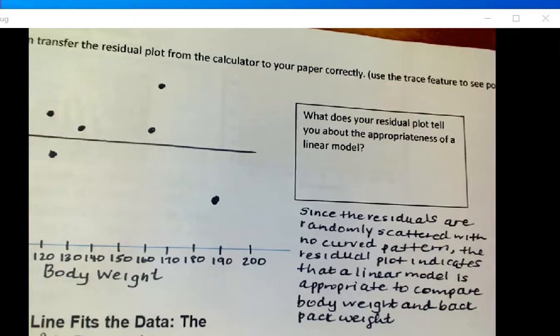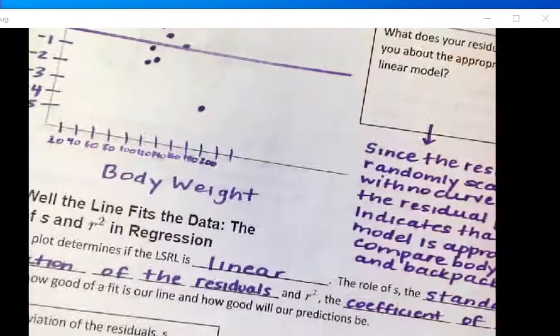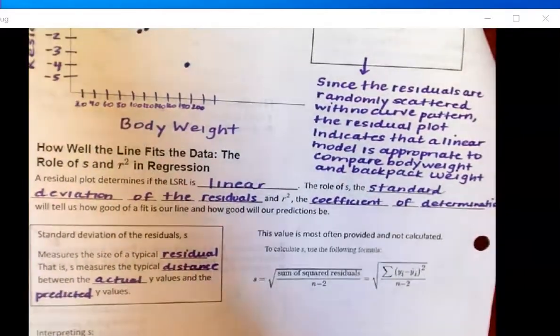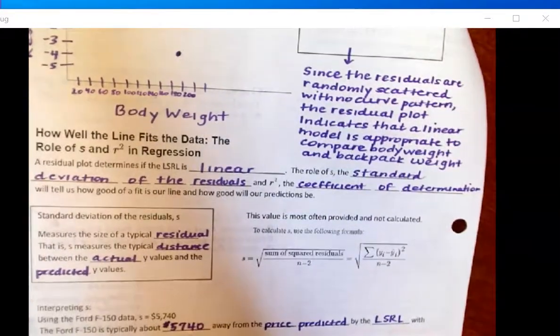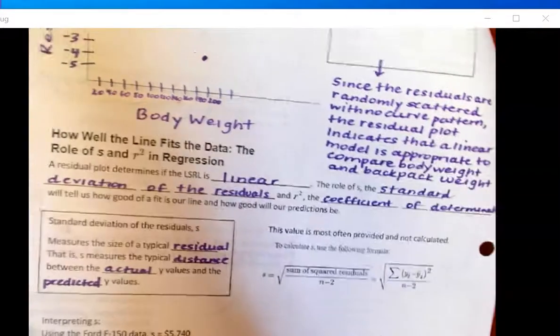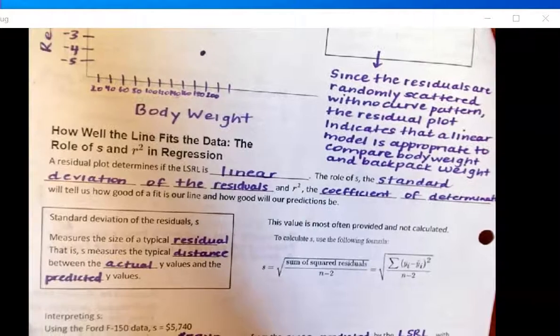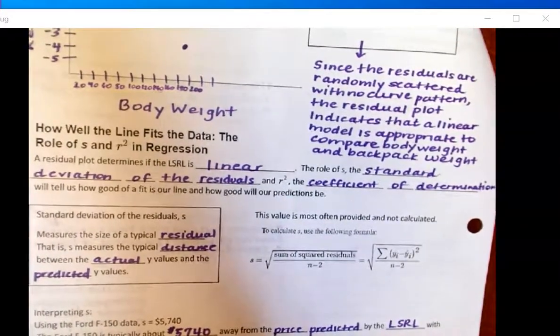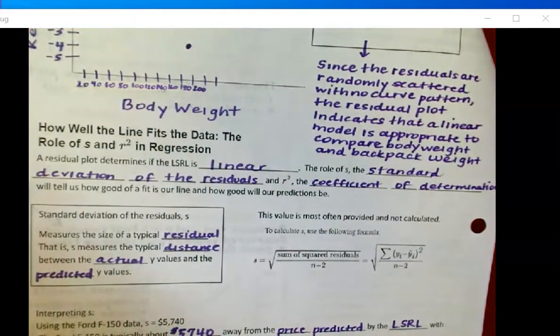So let's fill in the blanks here first. I already have this done. A residual plot determines if the least squares regression line is linear, okay? The role of S: what S stands for is the standard deviation of the residuals.